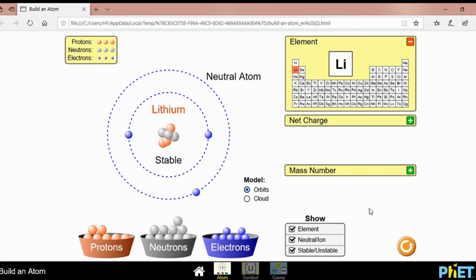Okay, let's check the mass number. Okay, 6. The mass number is 6, or the nucleon number is 6. Okay, how can you get that? So in here, it has 3 protons and 3 neutrons. It becomes 6. Do you get that?